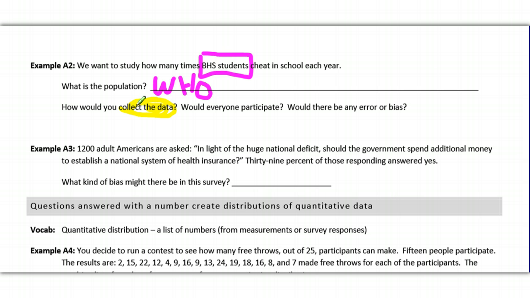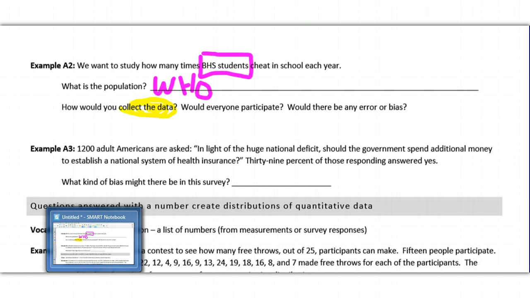Would you send out a survey and say, how many times have you cheated this year? Do you think people would be honest with their results? It would be hard to know how good the information is that you collect. Maybe you send it out to teachers. You say, how many times have you seen students cheat? Well, in that case, the teachers might think a student's cheating, but they're not.